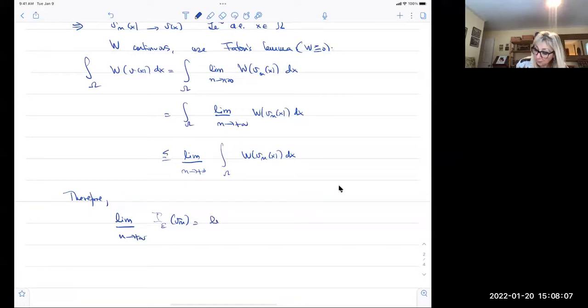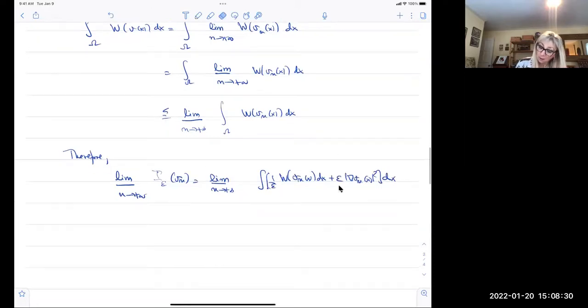right? That's the limit inf of the integral of 1 over epsilon W of v_n(x) plus epsilon |grad v_n(x)|^2 dx. And I don't need this parenthesis here, right?